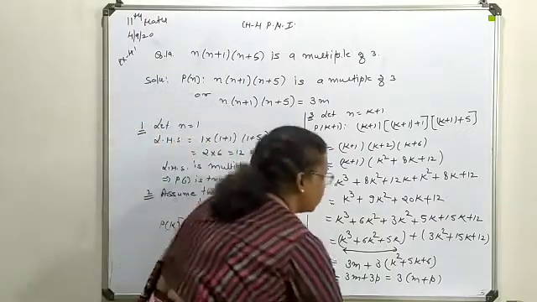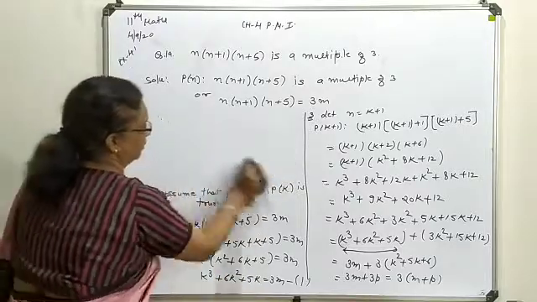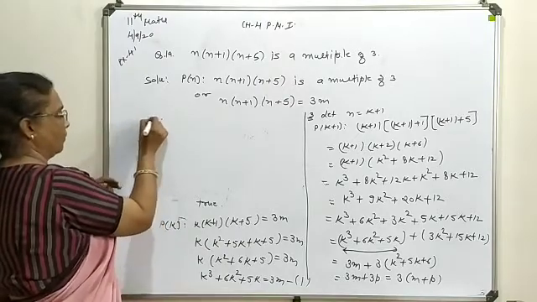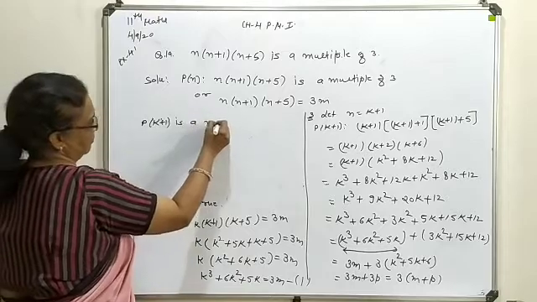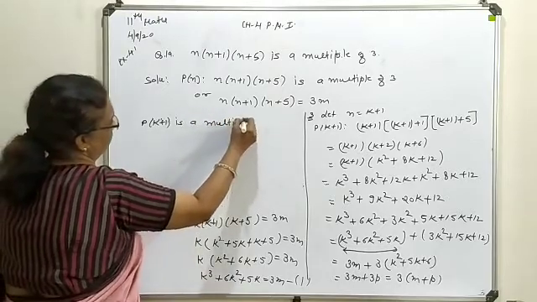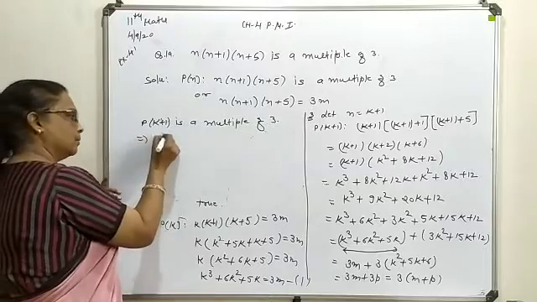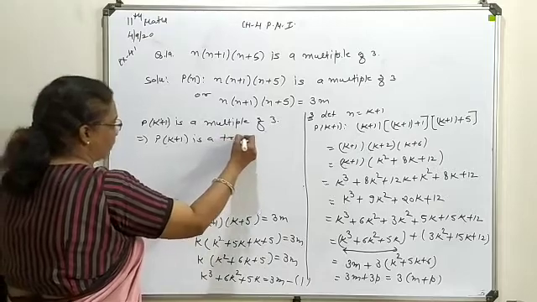So here we write concluding step that Pk plus 1 is a multiple of 3. That means Pk plus 1 is a true statement.